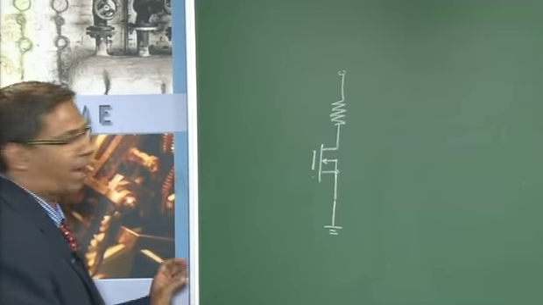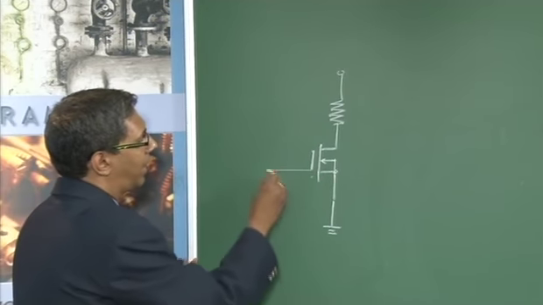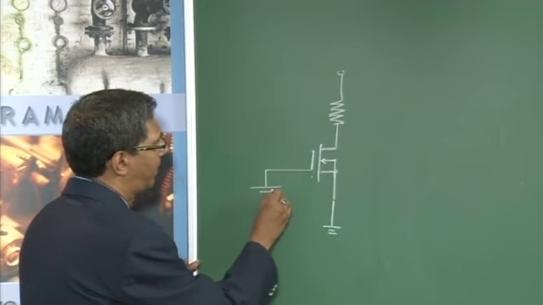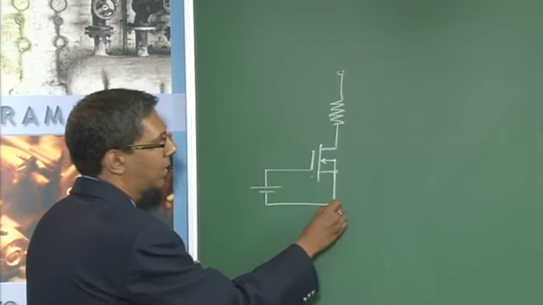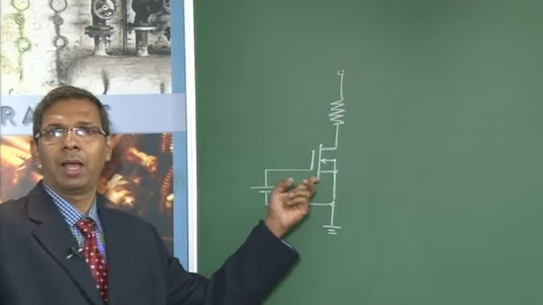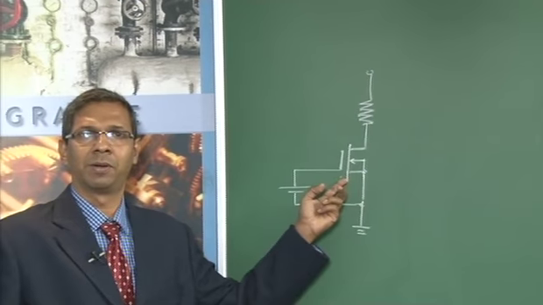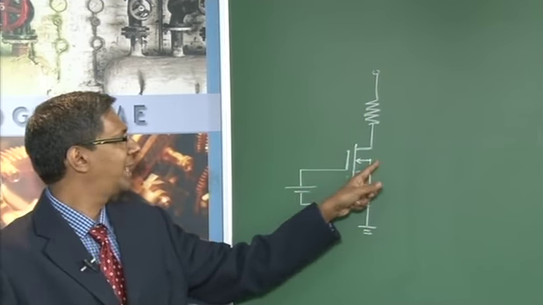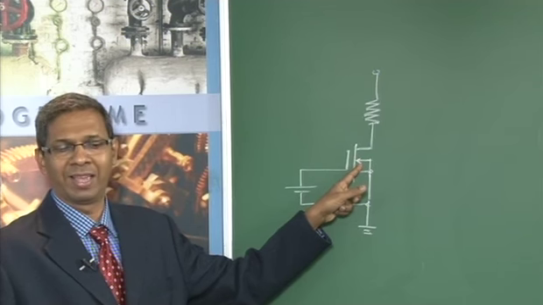This gate I am now going to connect and give an appropriate gate to source voltage. So this is going to be your N type depletion MOSFET. Why depletion? Because the channel is already there. Why N type? Because the arrow mark is going in.